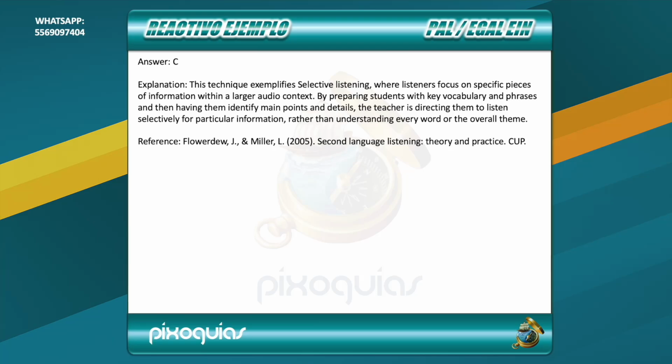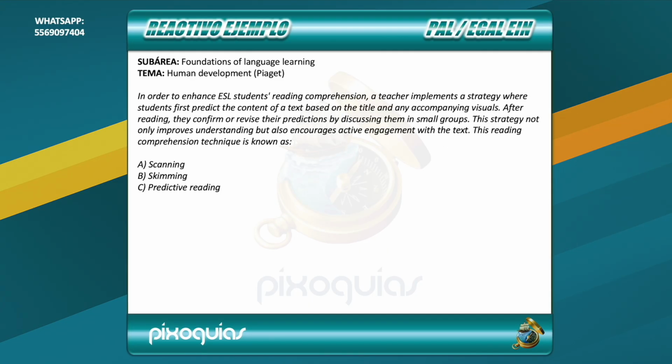By preparing students with key vocabulary and phrases, and then having them identify some main points and details, the teacher is directing them to listen selectively for particular information, rather than just understanding every word or the overall theme. Let's move to the next exercise.